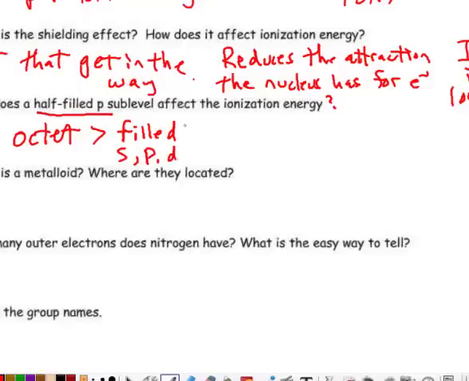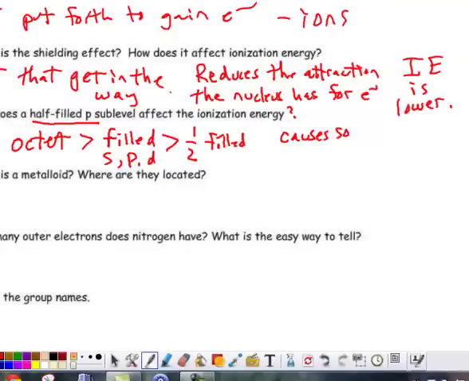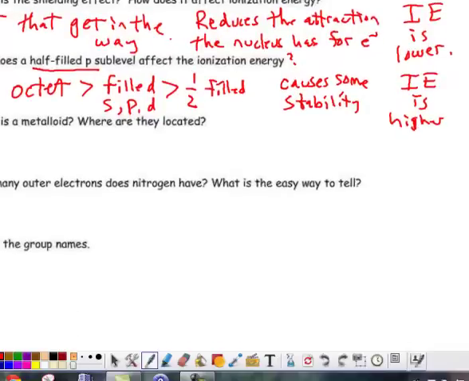And that is a little bit greater than a half-filled S, P, D, or F. And so a half-filled P will be somewhat stable. So this causes some stability. And the fact that it's somewhat stable means the ionization energy is going to be higher. So it's going to be a little harder to remove the electrons because of that stability, meaning it requires more energy.